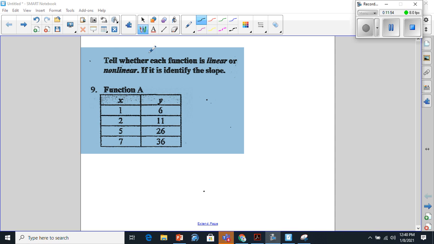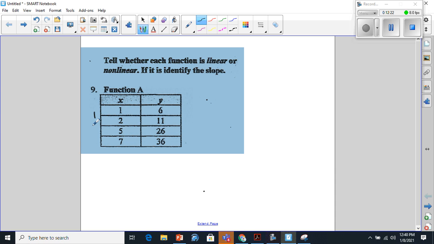All right, in number 9, it says tell whether each function is linear or nonlinear. Linear means it makes a line, which means it's going straight through. In this one, it's going through my y-axis at y when x is 1. But then there's a difference here of 1, 2, 5, and 7. This can be confusing. From 1 to 2, there's only a difference of 1.